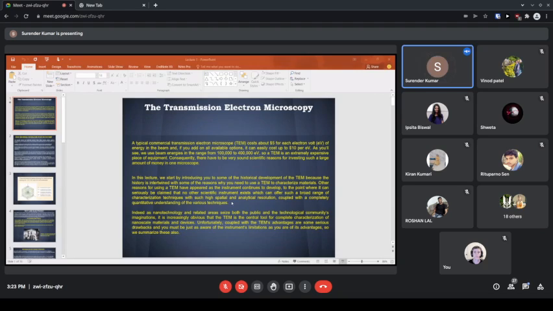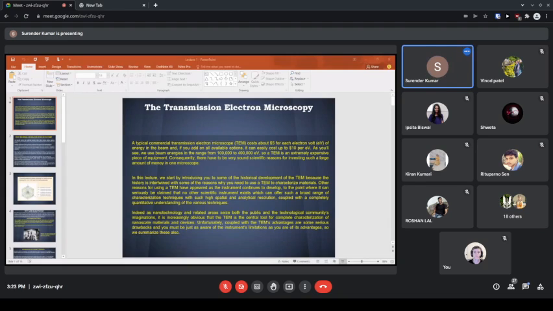A material whose characteristic length is between 1 to 100 nanometer is called a nanomaterial, where you have different physical properties which are not observed in the bulk material.